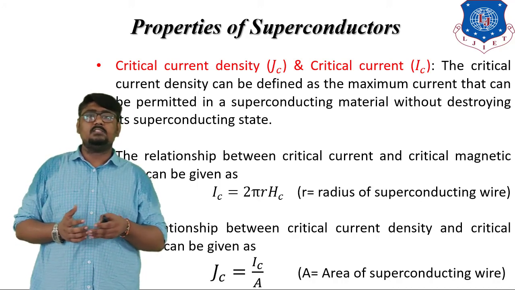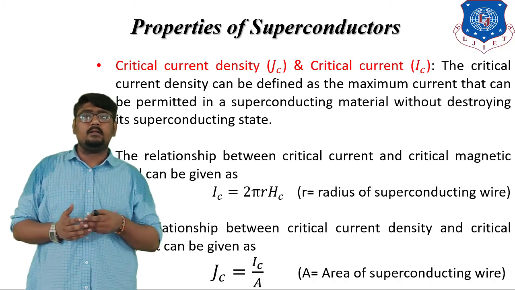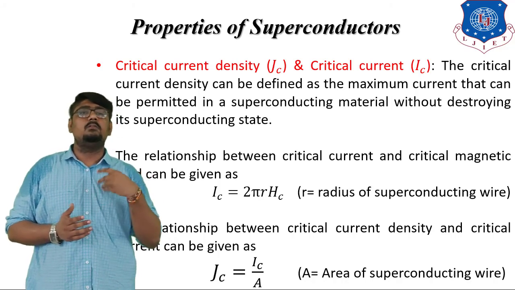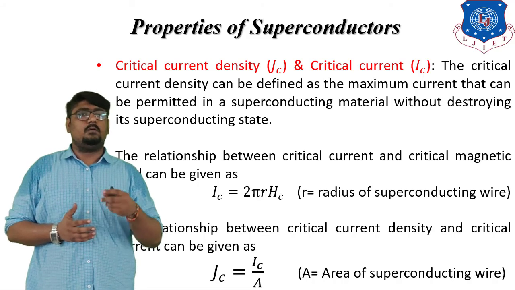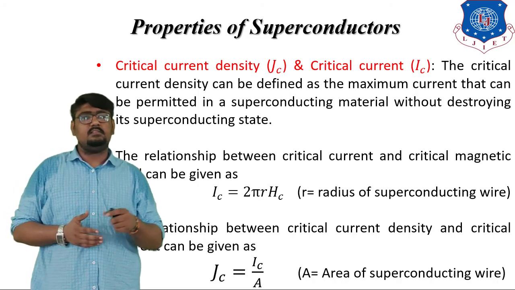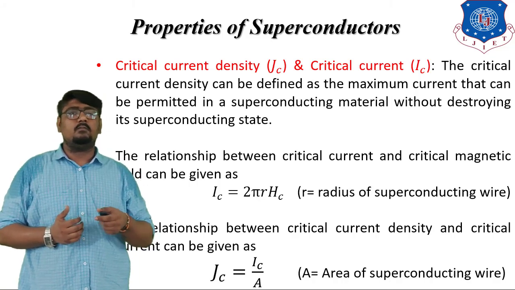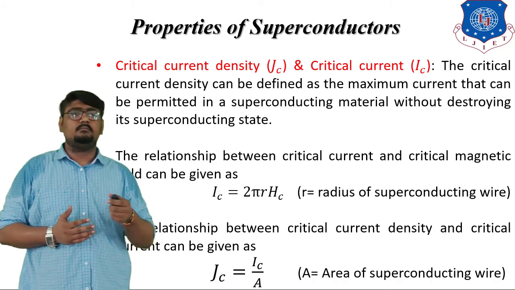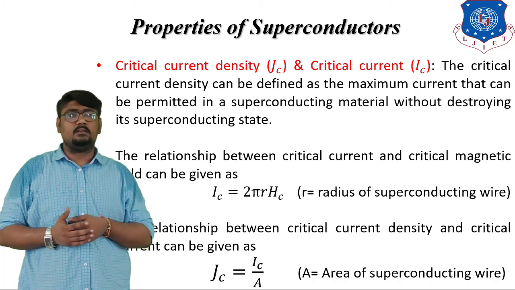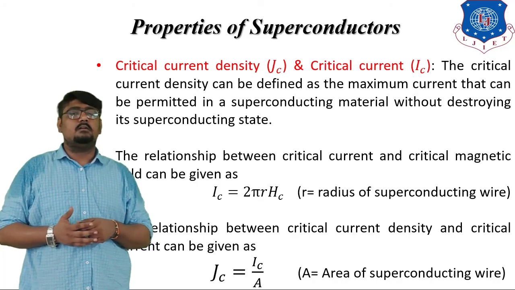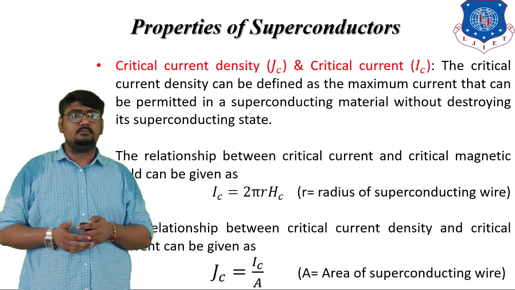Because of that, its temperature will rise above the critical temperature, and thus it will lose the superconducting state. So the minimum amount of current required to maintain that superconducting state is known as the critical current density.